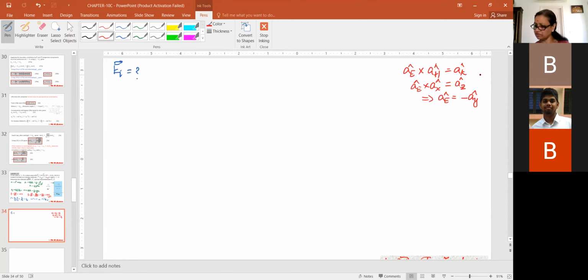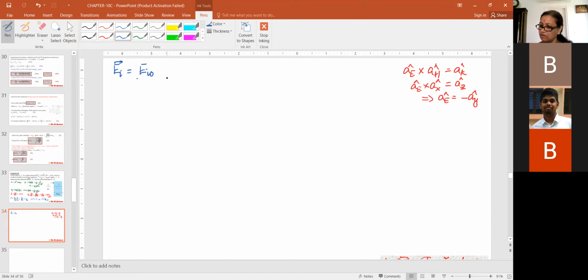Once I've got that, I can immediately write my EI equation. EI will be EI naught, and since it is a lossless medium, it will have the same form as the magnetic field, with no phase difference.